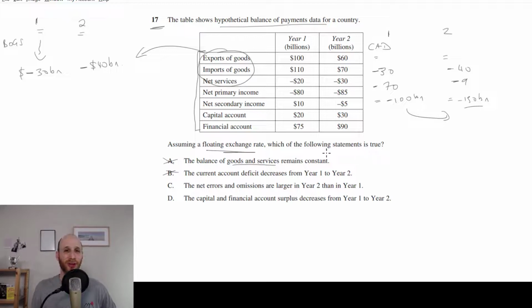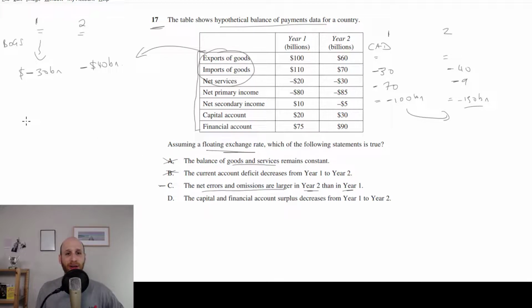So that's not true. So we come to C where it says the net errors and omissions are larger in year 2 than year 1. So remember that the net errors and omissions is the balancing number that helps to balance the current account and the capital and financial account.